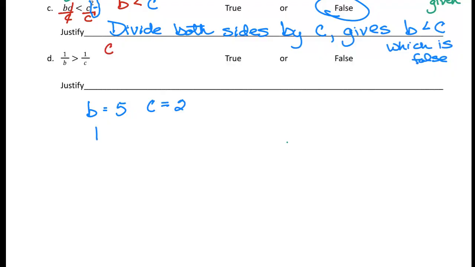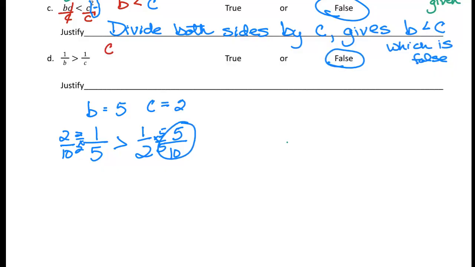So if I put 1 over 5, is 1/5 greater than 1/2? Hopefully you know that's no. You can find, if you need to, a common denominator of 10, multiply by 2 over 2 and get 2/10, multiply by 5 over 5 and get 5/10. So here 5/10 is definitely larger, so this would be false.